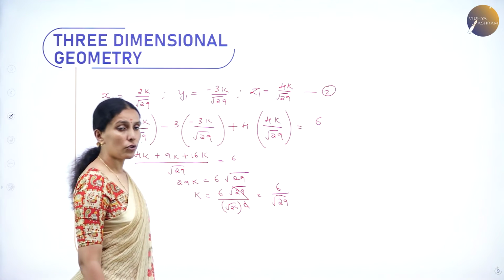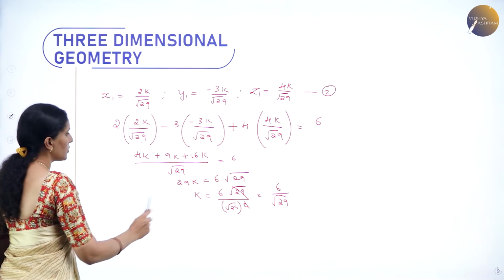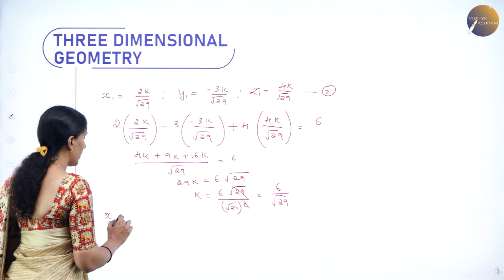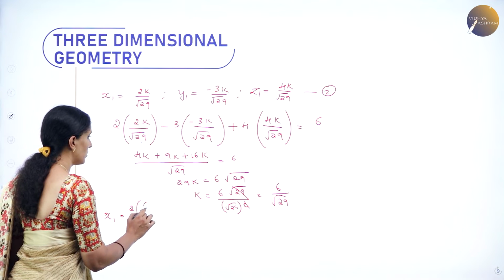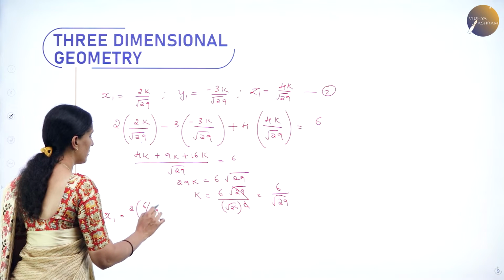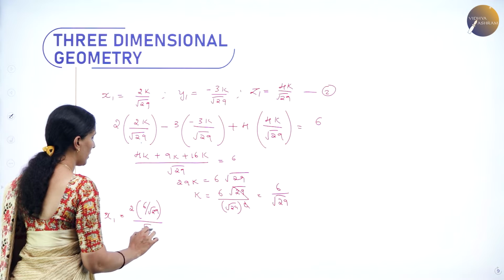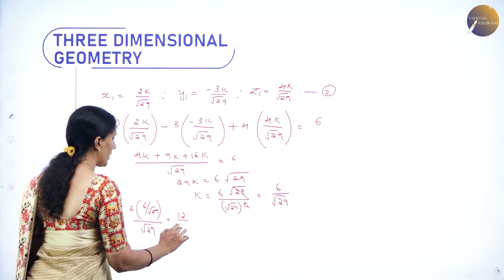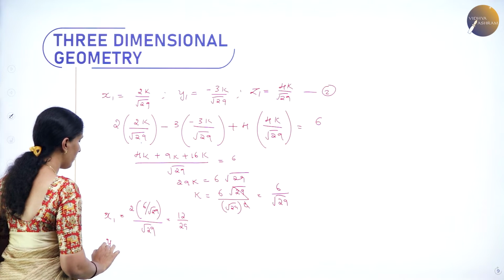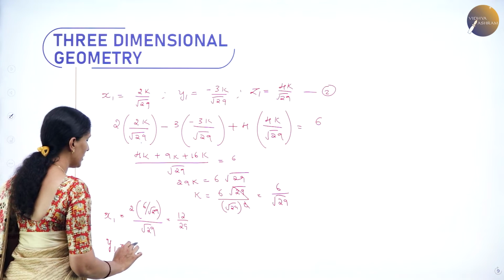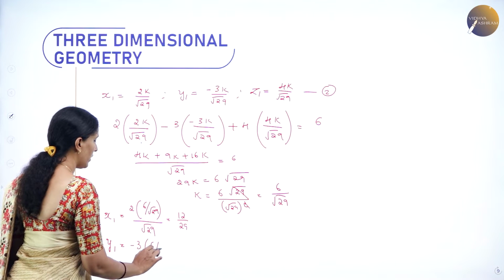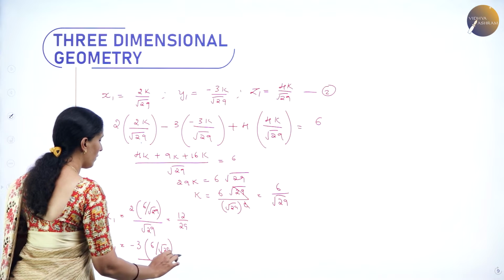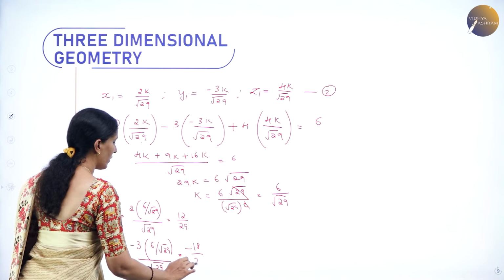Now we can find the foot of the perpendicular. Substituting k is equal to 6 over root 29, x1 is equal to 2 into 6 over root 29 divided by root 29, so this becomes 12 by 29. Next we calculate y1. y1 is minus 3 into 6 over root 29 divided by root 29, so we get minus 18 by 29.